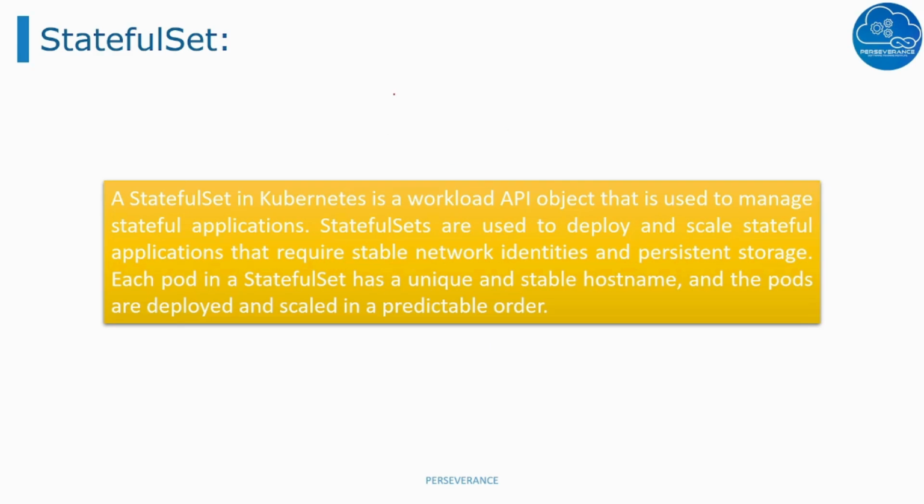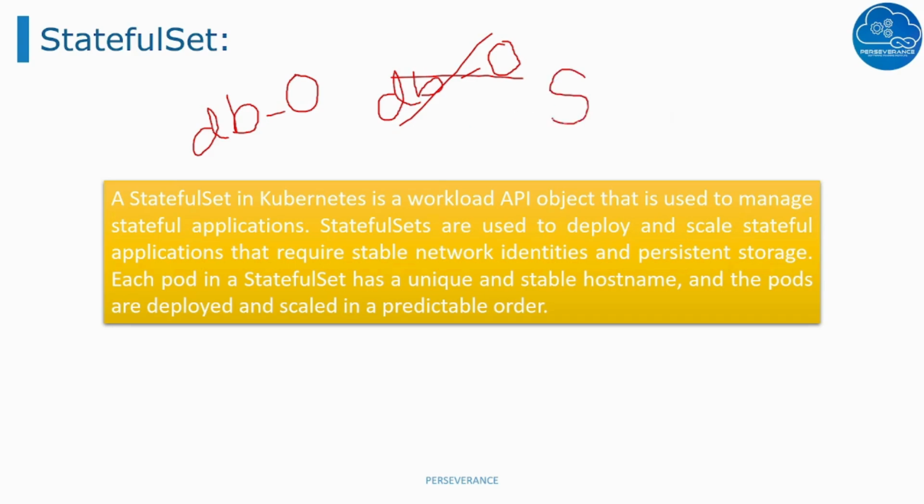For example, the names will be like db hyphen with an index 0, and if this pod is destroyed or crashes, the new pod which will be auto created will have the same name. It will not be ephemeral, it will not be dynamic, it will be static. It gives a sticky identity to the pods to maintain these database kinds of workloads.